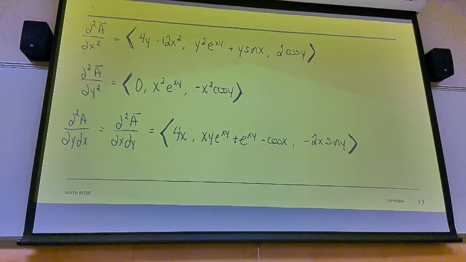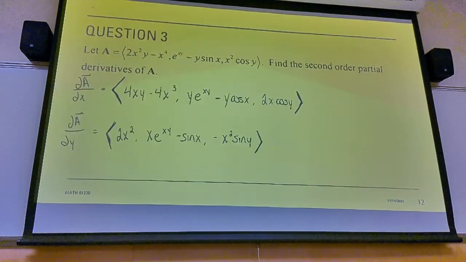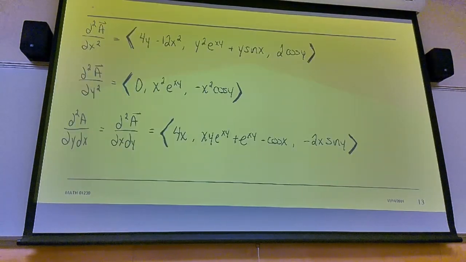So choose an order. Do you want to do x first and then y, or y first and then x? It doesn't matter. You'll get the exact same thing. All right. So look at with respect to y. Differentiate that with respect to x. Oh, all right. I got it. Thank you.